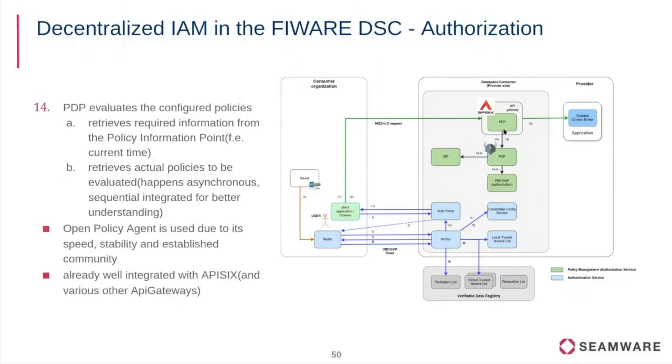Now the PDP itself will then retrieve required information from the policy information point, like the current time, and it will retrieve the actual policies to be evaluated. This happens asynchronously, obviously, but it's integrated into the diagram sequentially for better understanding.